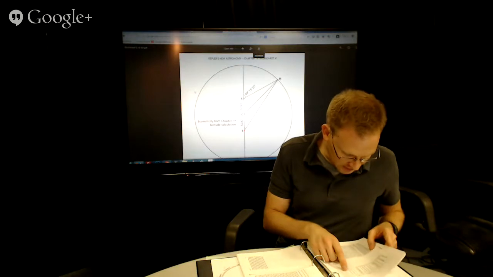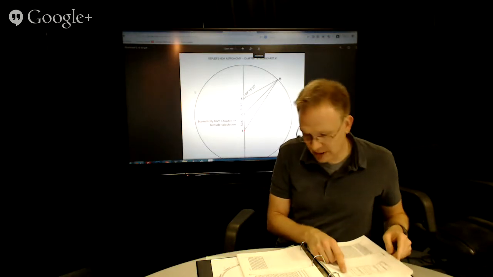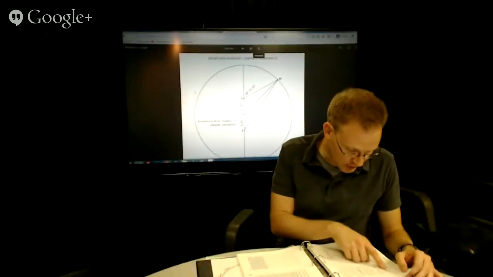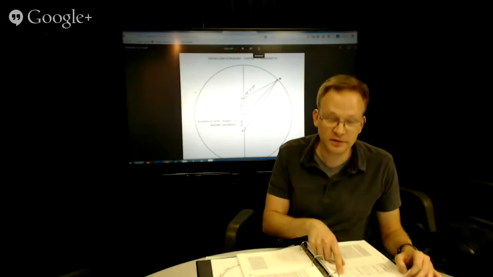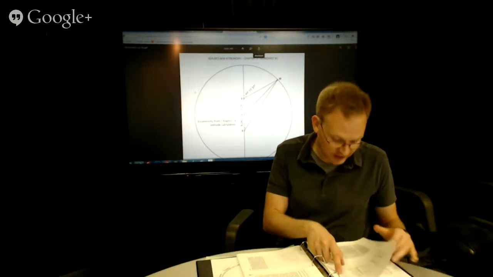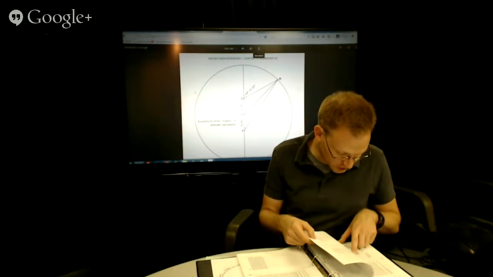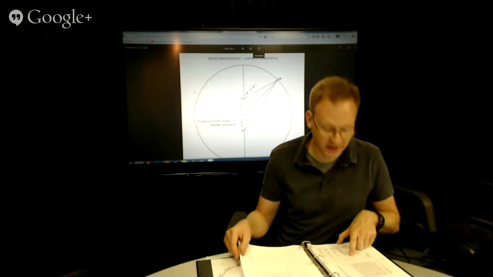In the table in chapter 15 for the observation in 1582, the mean longitude is 3, 9, 24, 55. 3 signs, 9 degrees, 24 minutes, 55 seconds. And that's exactly what Kepler has here.